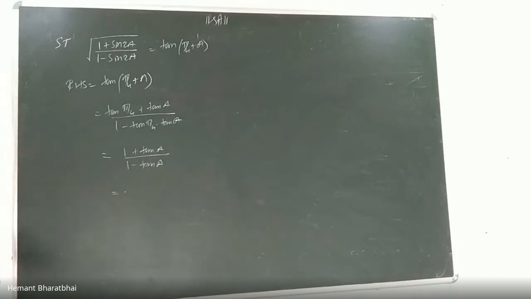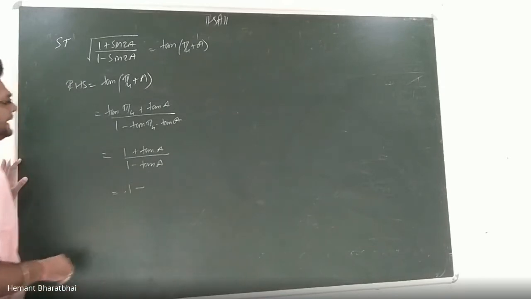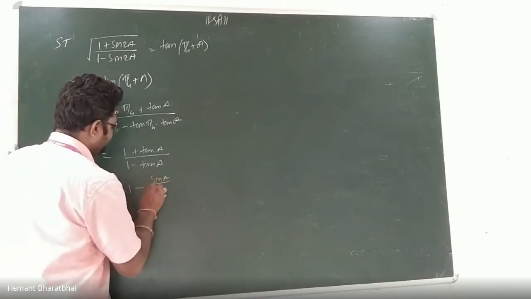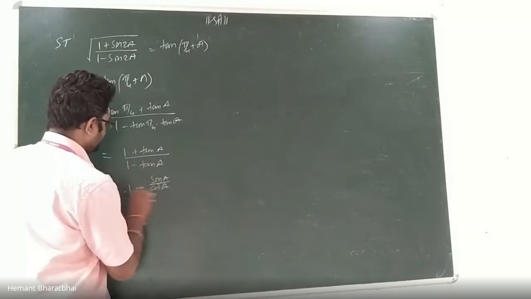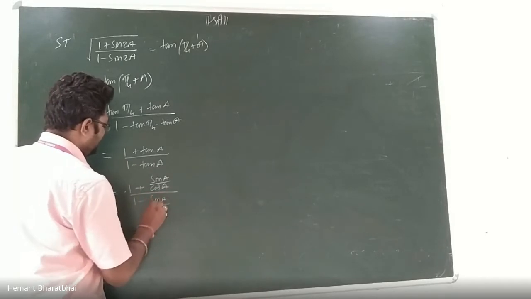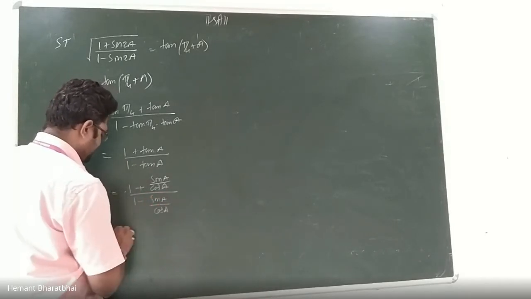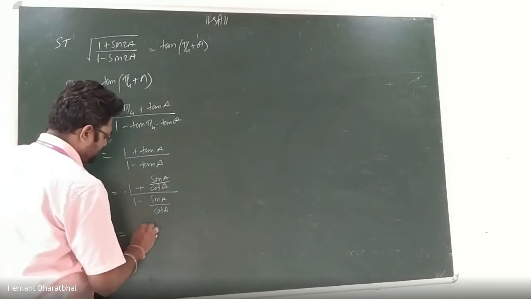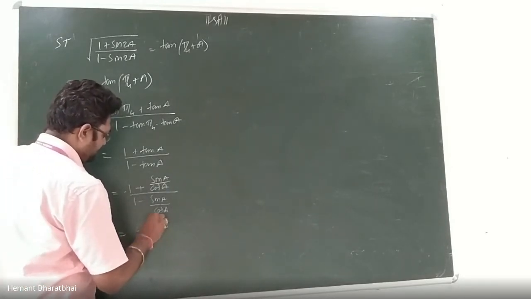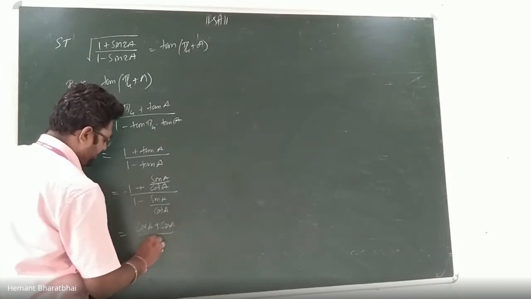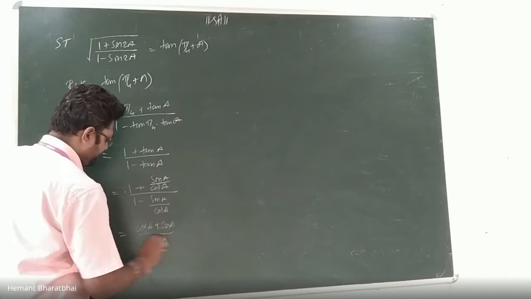Which can furthermore be written as, tan can be written as sine by cos. So 1 plus sine a by cos a upon 1 minus sine a upon cos a. So I'll equalize the denominators. So I'll get cos a plus sine a, the whole upon cos a.